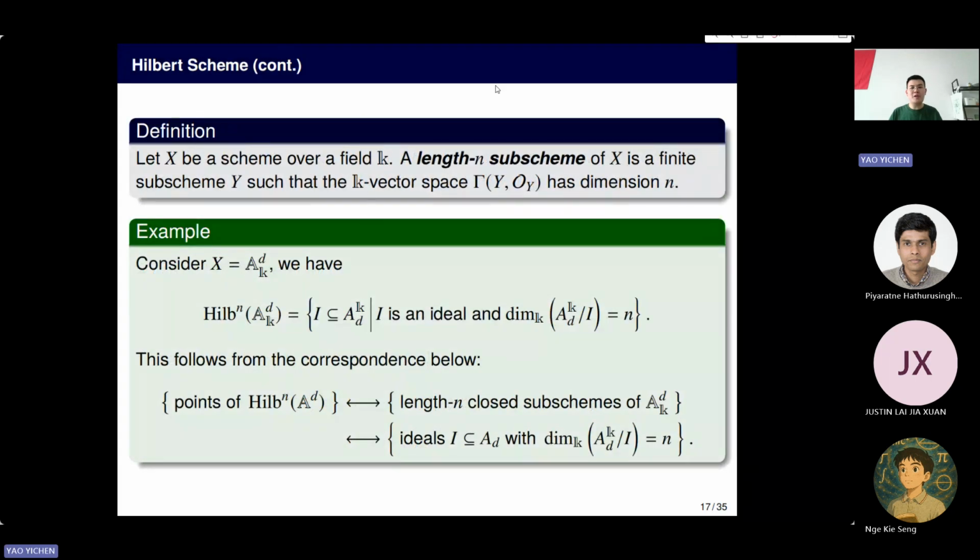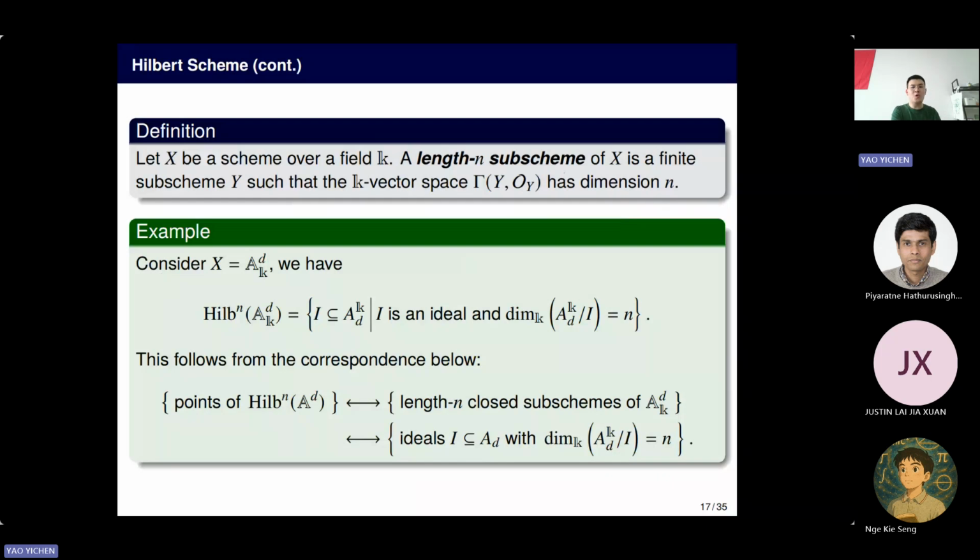Then from this, we can define a definition called length, which means that a length n subscheme of X is a finite subscheme Y such that the K vector space Gamma, which means the global sections of this subscheme, has dimension n.